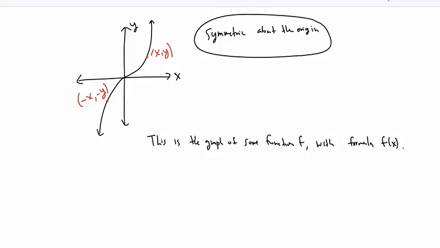What does symmetry about the origin for the graph tell us about the formula? Well, let's see. Whenever we have a point x comma y, well, for any point on the graph of a function, the second coordinate is the output of the first coordinate.